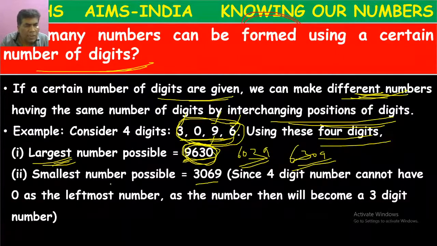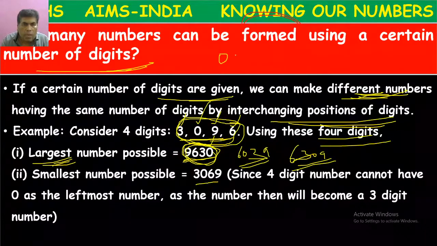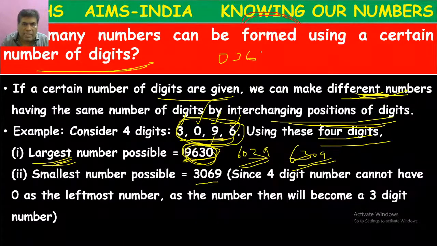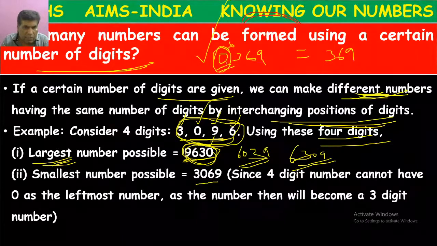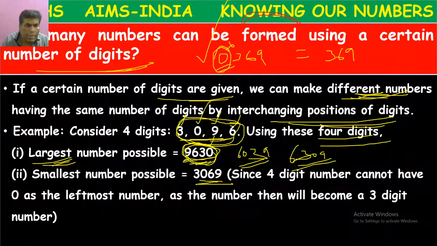So what is the smallest possible number? Out of 3096, what is the smallest digit? 0 is the smallest. But if we keep 0 in the leftmost place, like 0369, then it will not have a value other than 369. So in the leftmost place, 0 we should not keep. For forming the smallest number, we won't take 0 in the place of the leftmost digit.